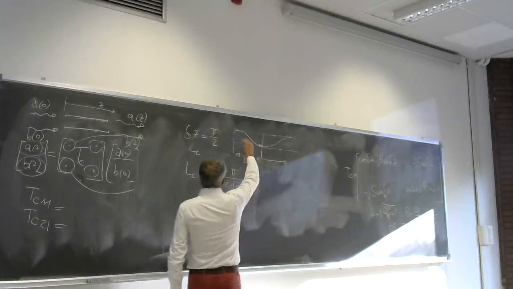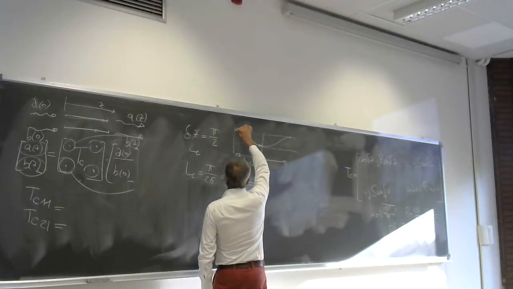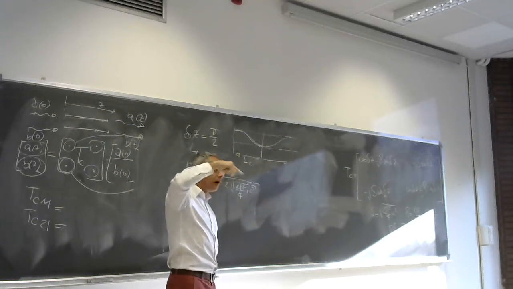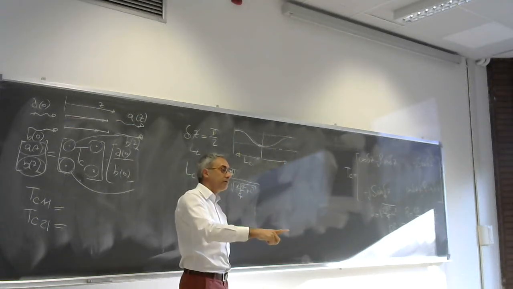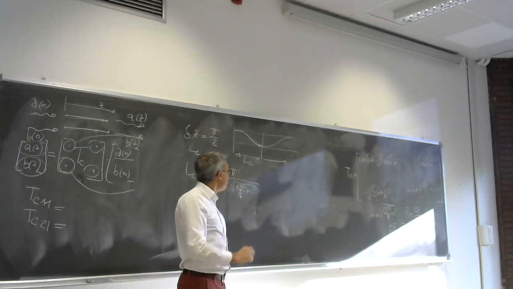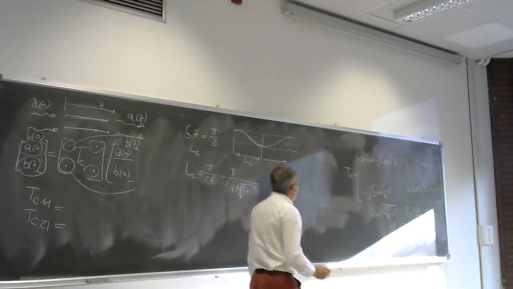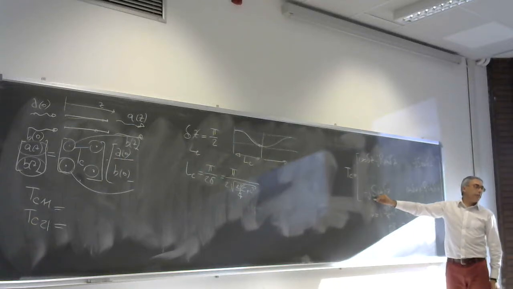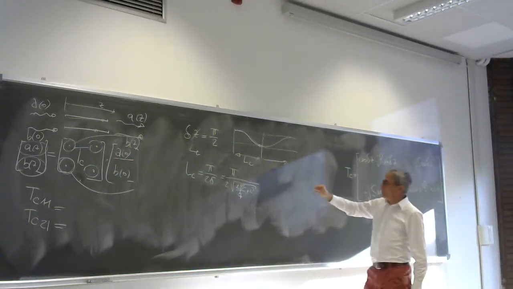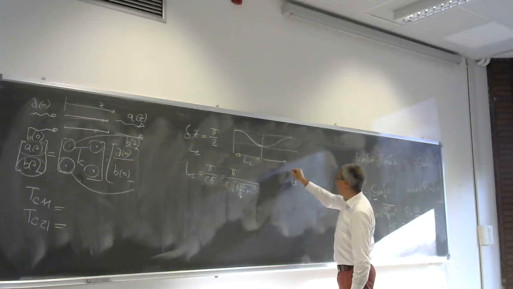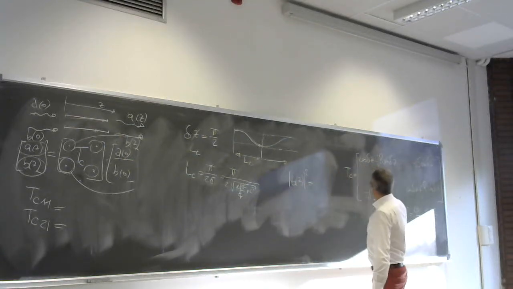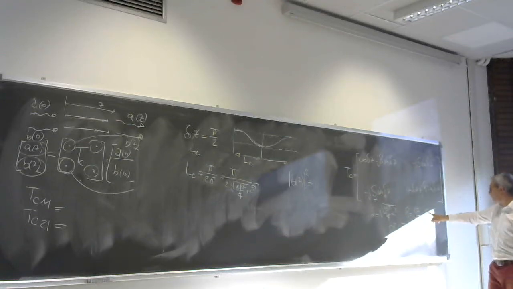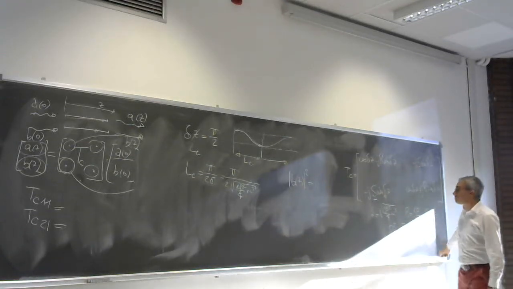I put an arrow from the upper waveguide to the lower waveguide, but not all the power goes down, only a part. So if you remember the expression before, I can write now, the power is the square of this: S squared sin squared, where S is this one.